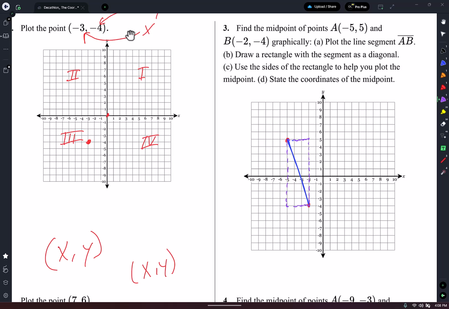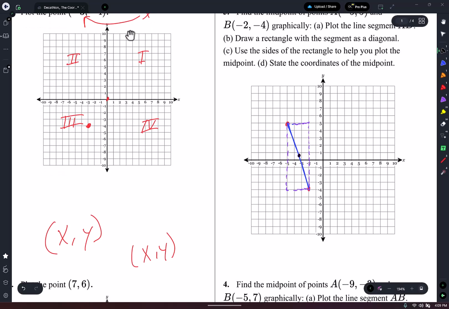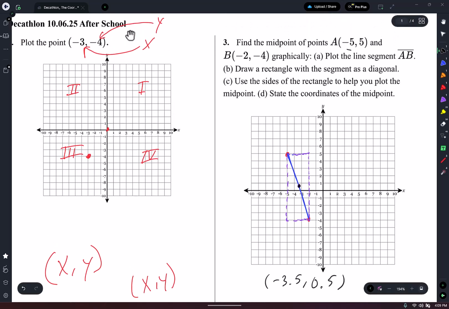So the middle looks like right here. Do you see that point in black? So that's what it looks like. Now look, what is that? (-3.5, 0.5).